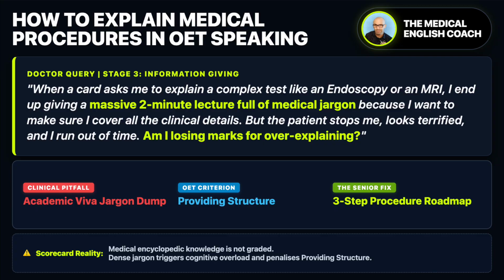Holding this belief introduces an immediate high-risk liability under official marking criteria. Thousands of capable doctors treat OET explanation stages as an academic Viva jargon dump. When required to explain a test, candidate doctors panic, dump dense technical jargon onto an anxious patient, and trigger immediate cognitive overload.